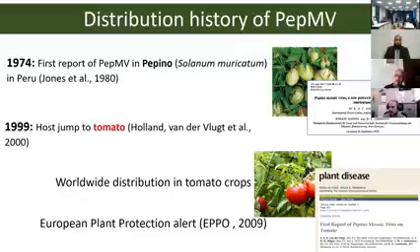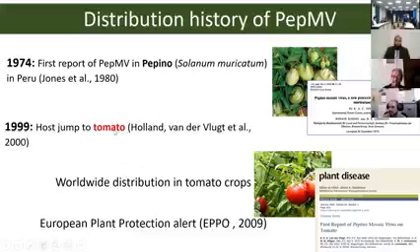And now we move to the distribution history of another very important virus of the last few years, which is pepino mosaic virus. The first report of pepino is in Solanum muricatum in Peru in the 1980s. And after 25 years, there was a host jump to tomato.